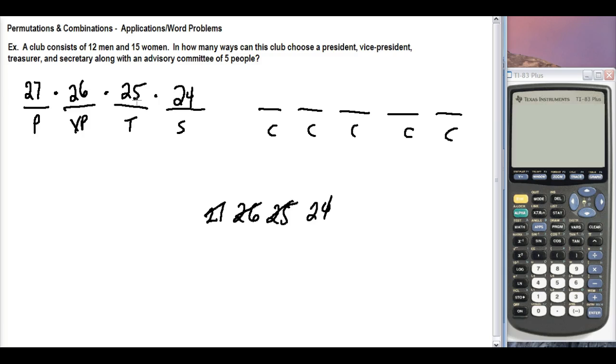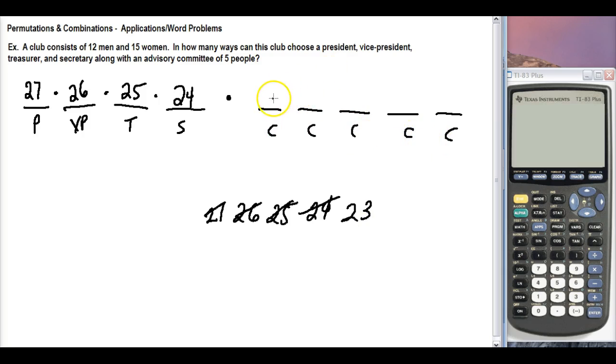Okay. So next, what we're going to do is come up with our way of finding out how many ways we can select the advisory committee. Now, of course, we have to do all of these people, and order doesn't matter, so we're going to multiply. And if you notice here, we have 23 people left now, and we have to put them in groups of 5.